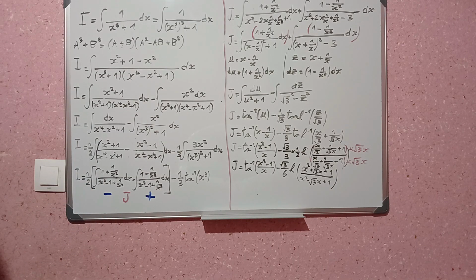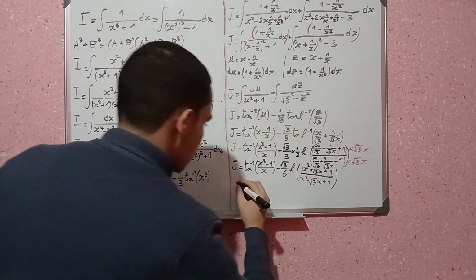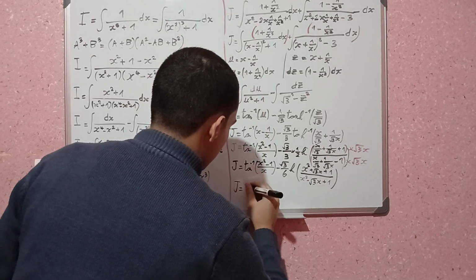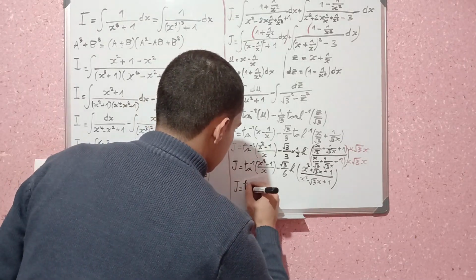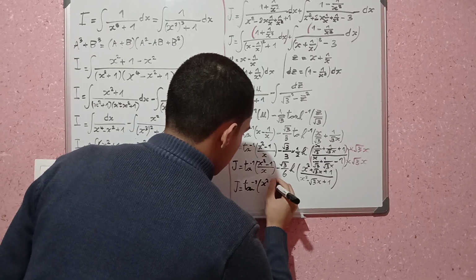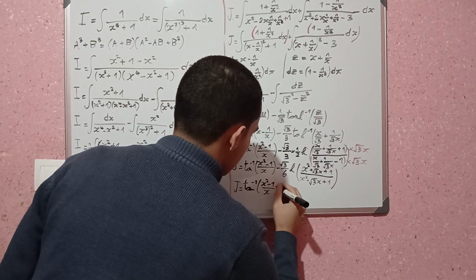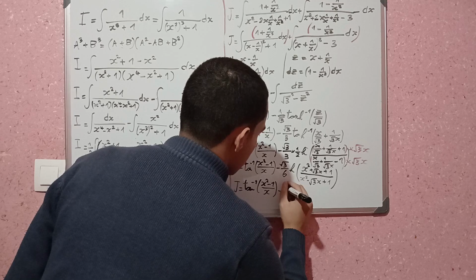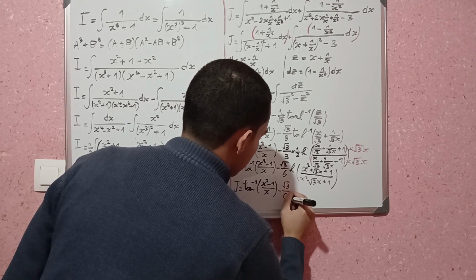We can do one thing more, which is g equals the inverse tangent of x squared minus 1 over x minus square root of 3 over 6.